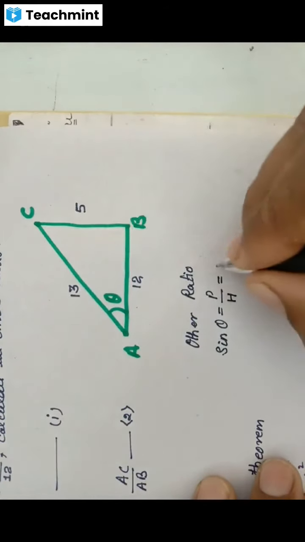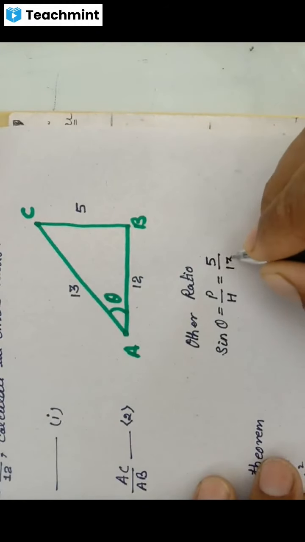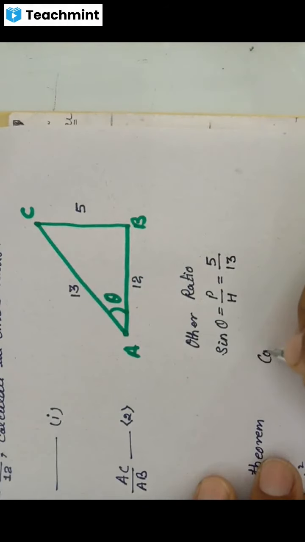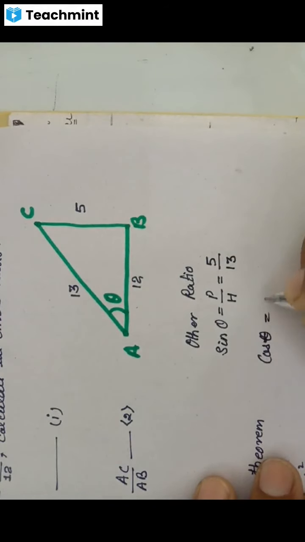In the figure, perpendicular is BC, which is 5, and hypotenuse I have 13. Then cos theta. Cos theta is base upon hypotenuse. So my base is 12 and hypotenuse is 13. So it is 12 upon 13.